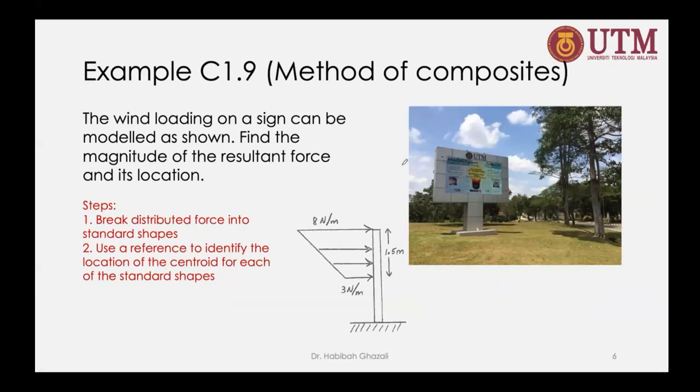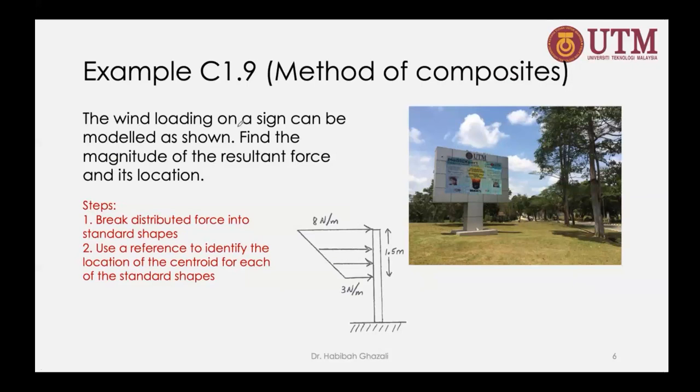So I have this example here, the method of composites to find the resultant force for this distributed load. Okay, so the wind loading. This is a billboard here in UTM, in front of the gate.